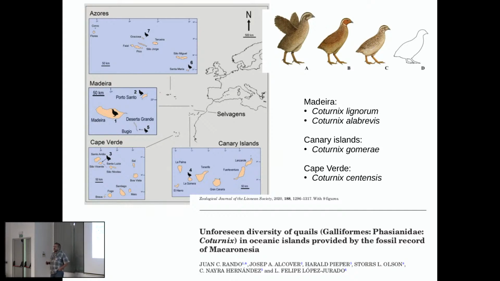And they could see that there were multiple species that inhabited the Canary Islands, Cape Verde, Madeira, Azores. They were morphologically differentiated. They were considered different species. And all of them went extinct with the arrival of humans to these islands a few hundred years ago.